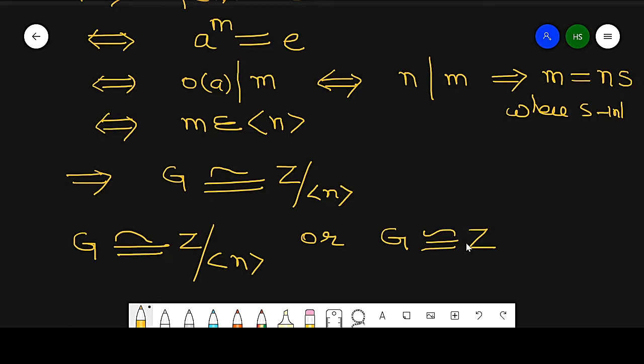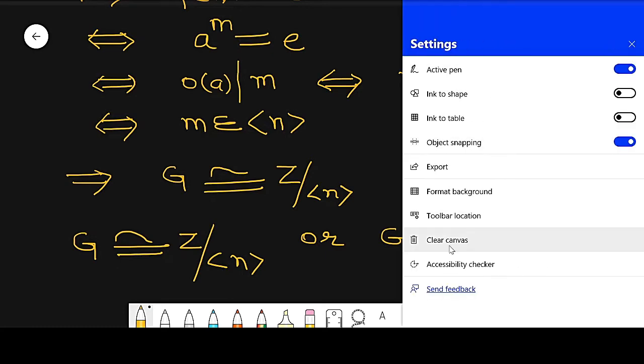Now after going through this example, the next example is related to this question. Prove that two cyclic groups of the same order are isomorphic. So what is the next question?